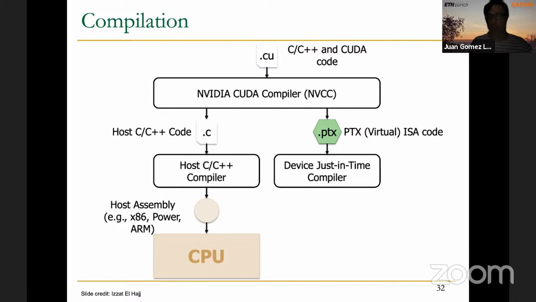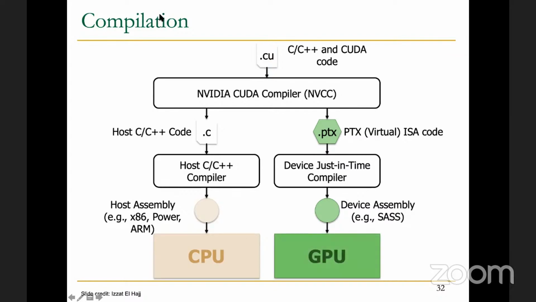It is a kind of virtual ISA code that is common to all NVIDIA GPU architectures, and then it uses a just-in-time compiler to generate the device assembly, which is the actual machine code that is going to run on the GPU.